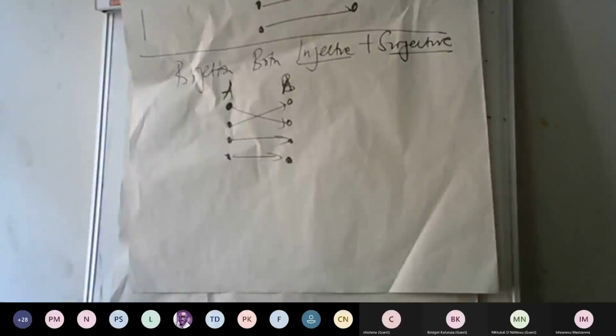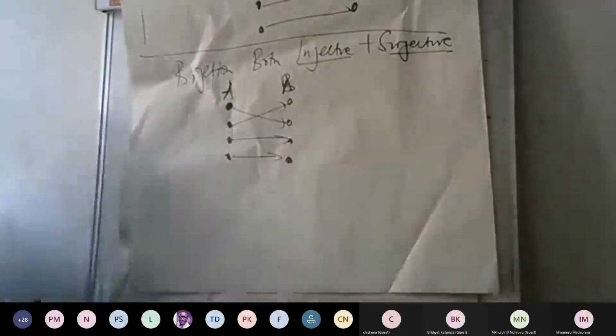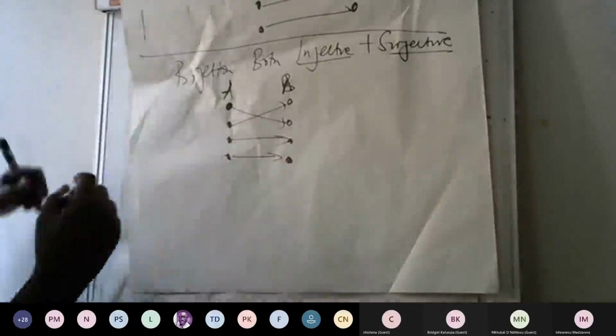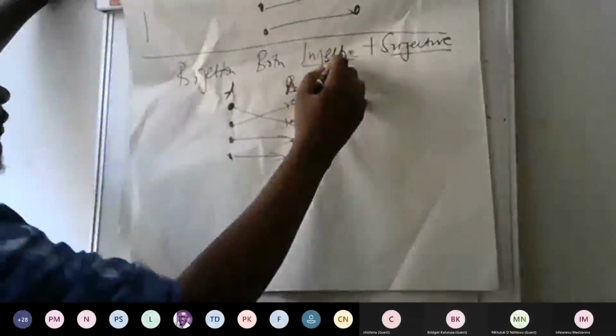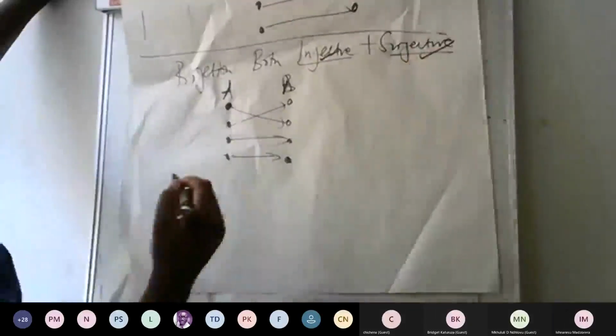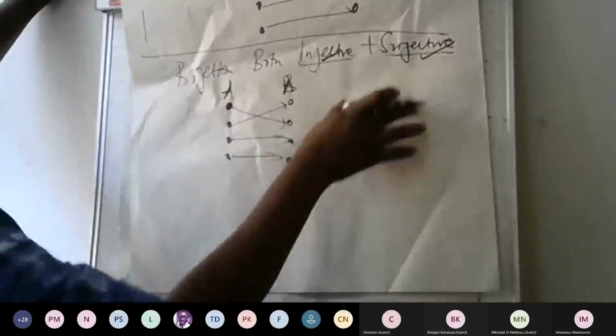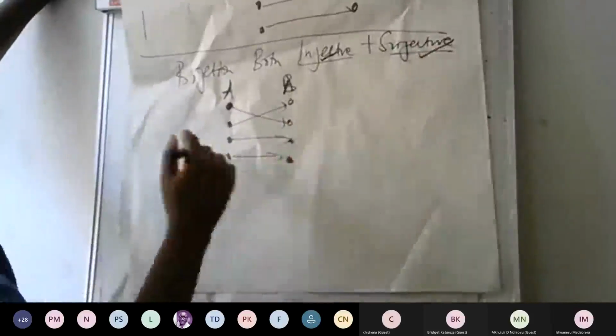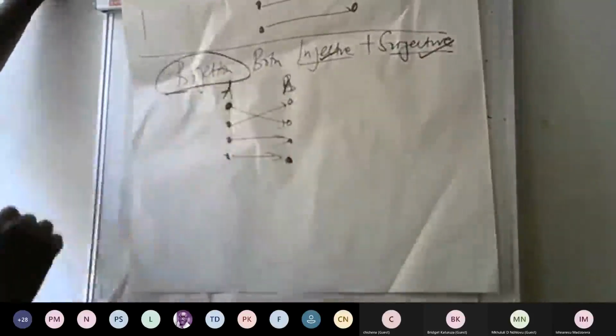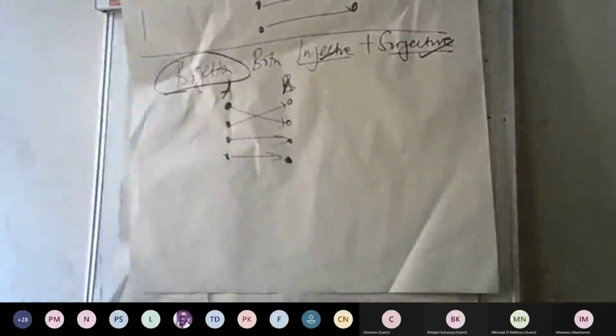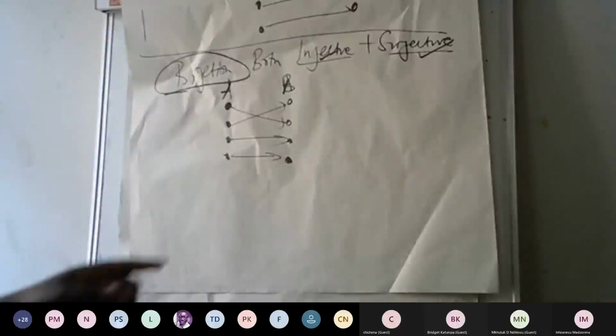So to verify if a function is bijective, you are supposed to go through the injective first, then the surjective second. If these conditions are satisfied, then you can conclude that the function that you're dealing with is bijective. If it does not satisfy one, you don't stop there. You have got to verify the other part.